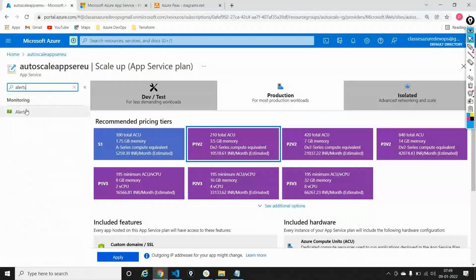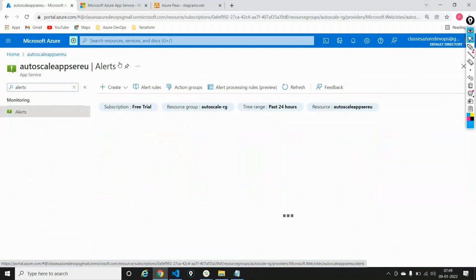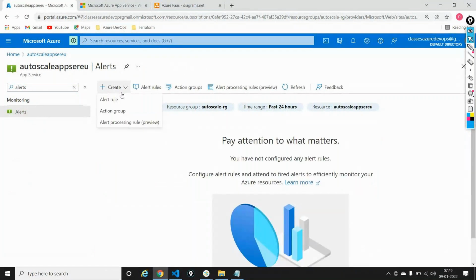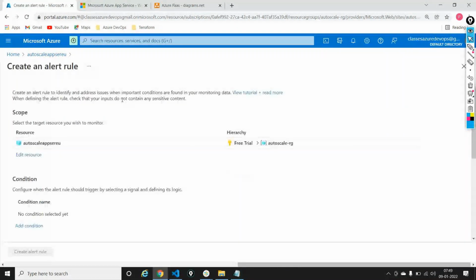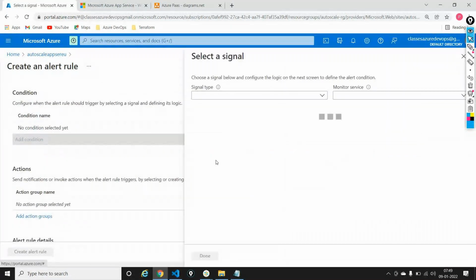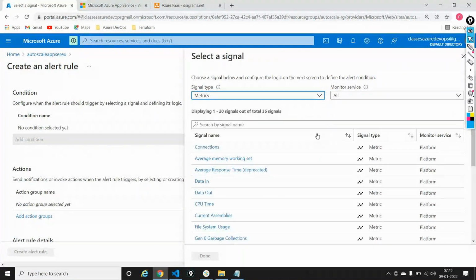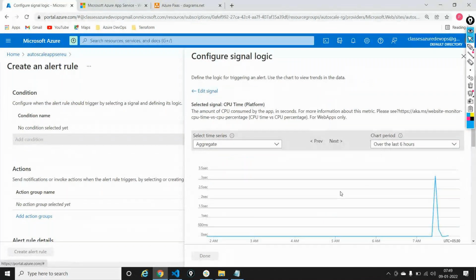You can configure alerts. I'm just giving a very high-level overview. You can configure alerts based upon a condition. For example, under metrics, if my CPU time is getting high, about 70% or something like that, I'll say greater than some total value.